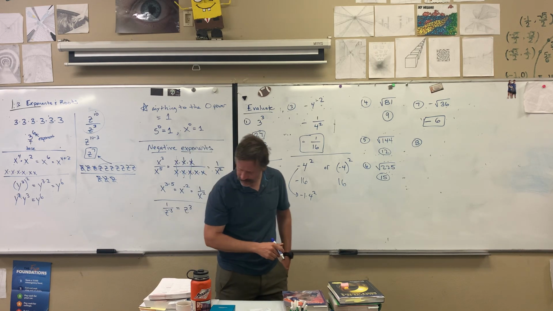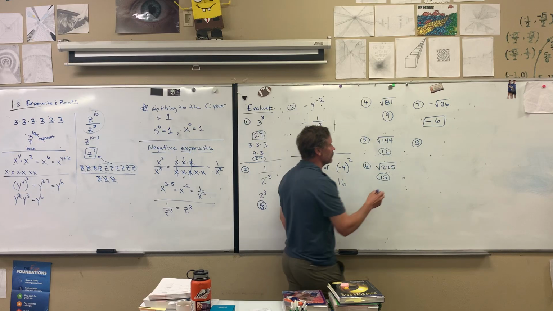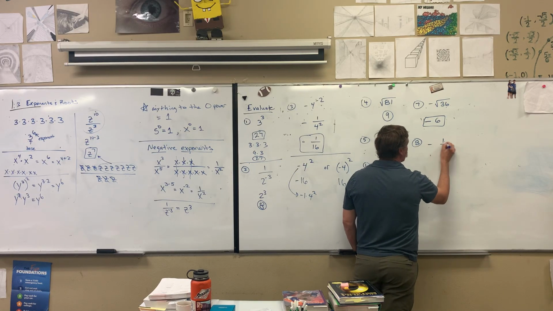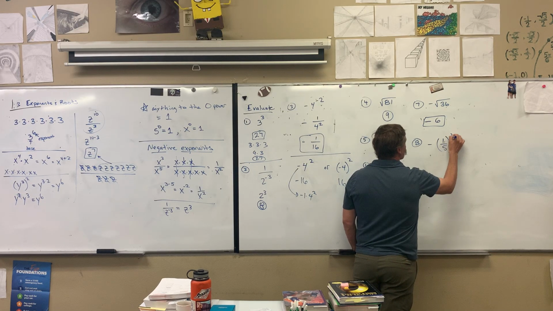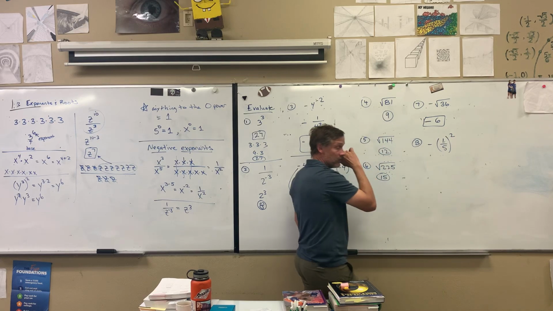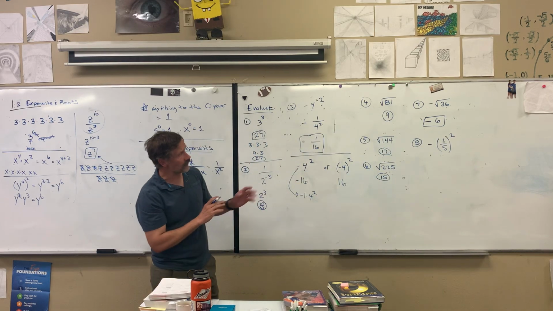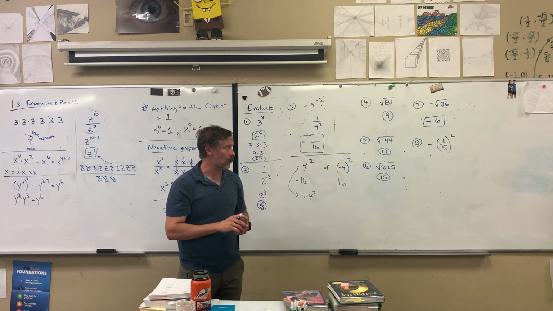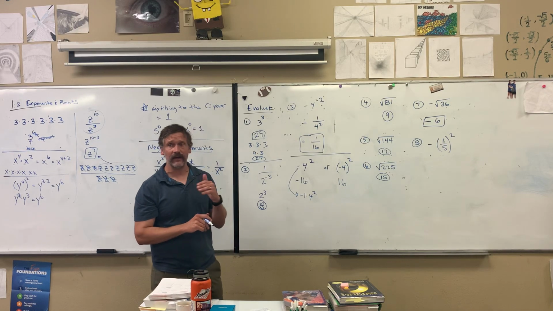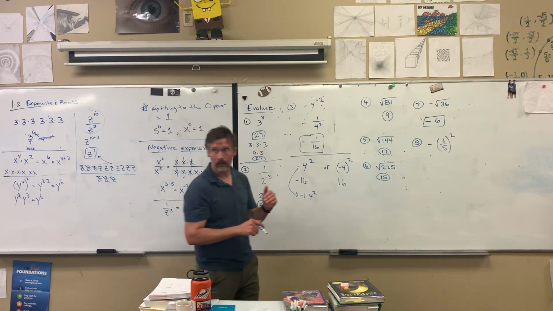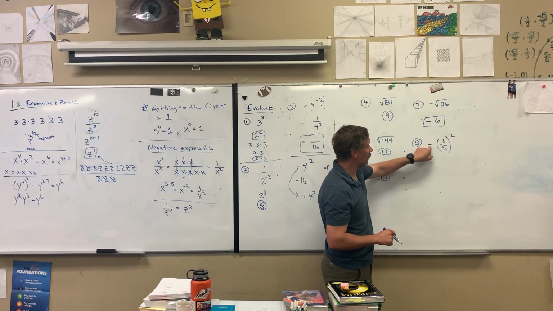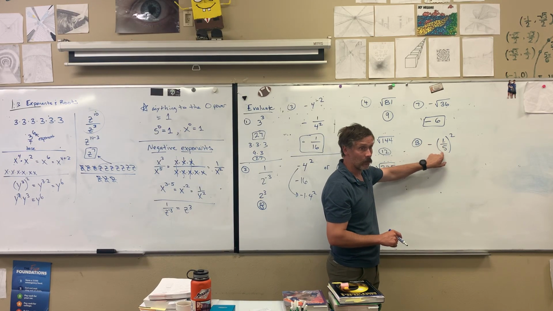And then, let's do this one. Let's say we have a negative 1/5 squared, like that. We just kind of talked about this a little bit over here. Not quite the same, but let's start with the concept. Is the negative getting squared? No. The negative is on the outside, so the only thing that's getting squared is the 1/5, right?